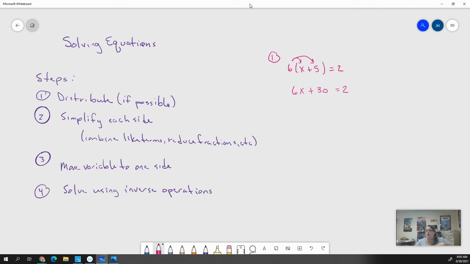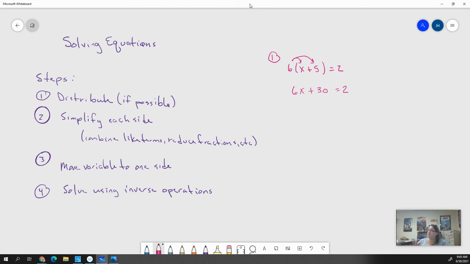Since the variable is already on one side, we get to move to solve using inverse operations. Solving just means getting the variable by itself on one side of the equal sign. We want to know what the variable equals. In this case, our variable is x.